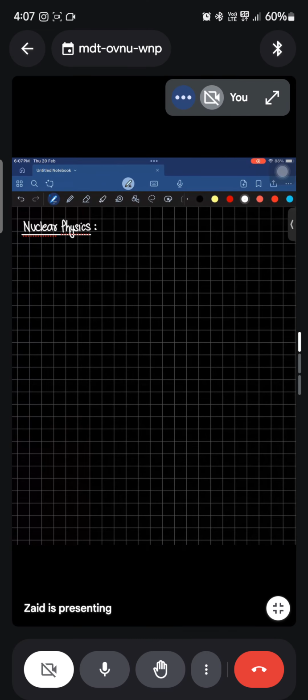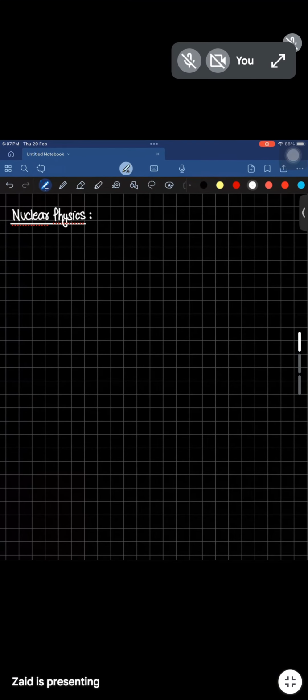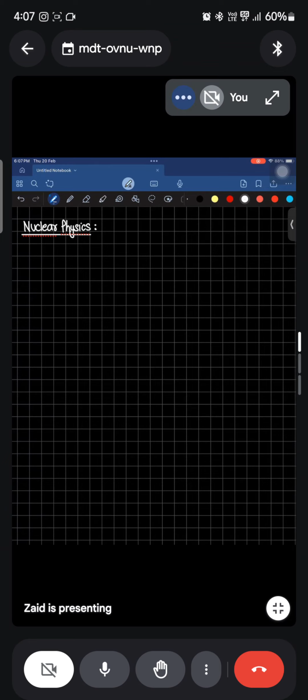Okay, nuclear physics, one of the most important topics. A few students in the class have already studied that with me and have good ideas. Just to have a recap, and for those who haven't studied this so far, it's a new topic, so just be with me. In nuclear physics, we are going to study radiation, or what we can call radioactivity.